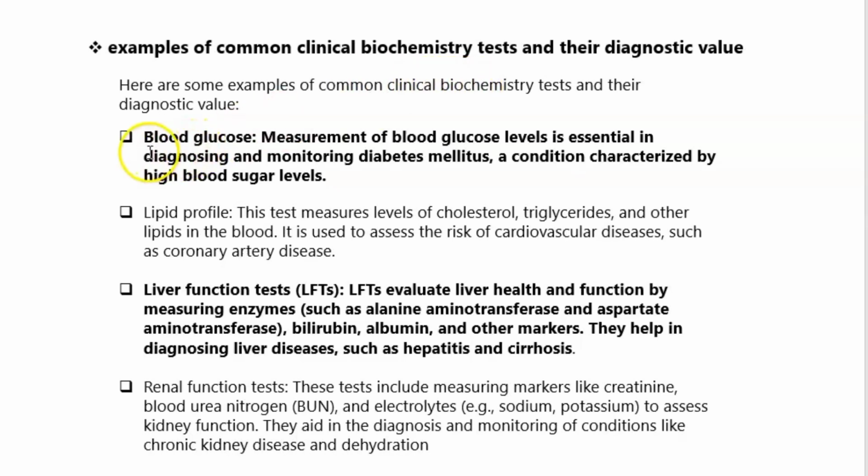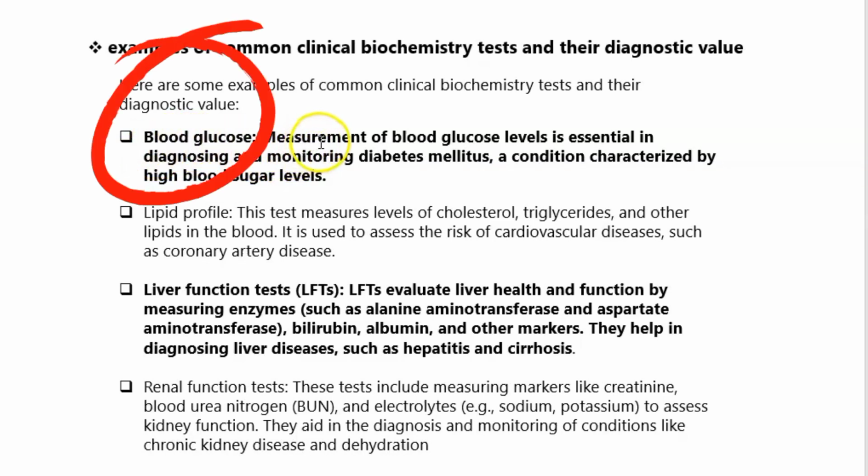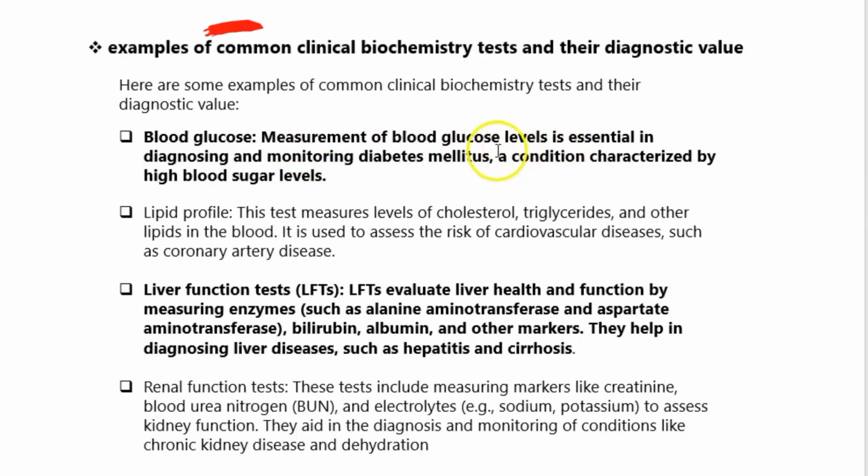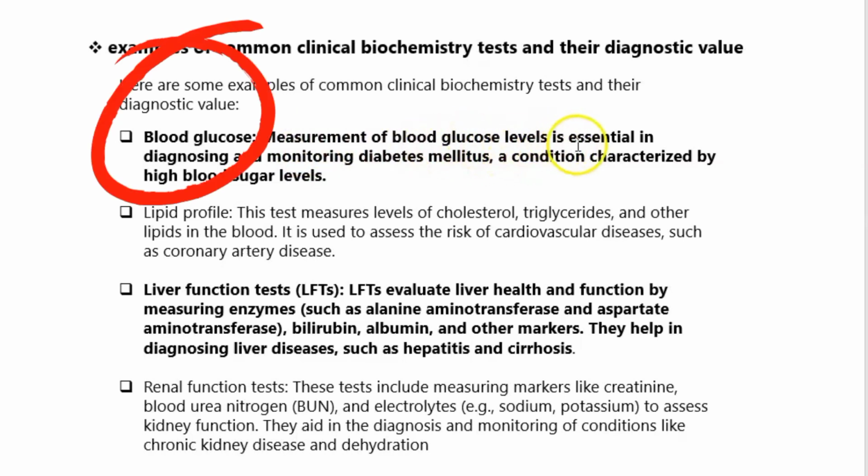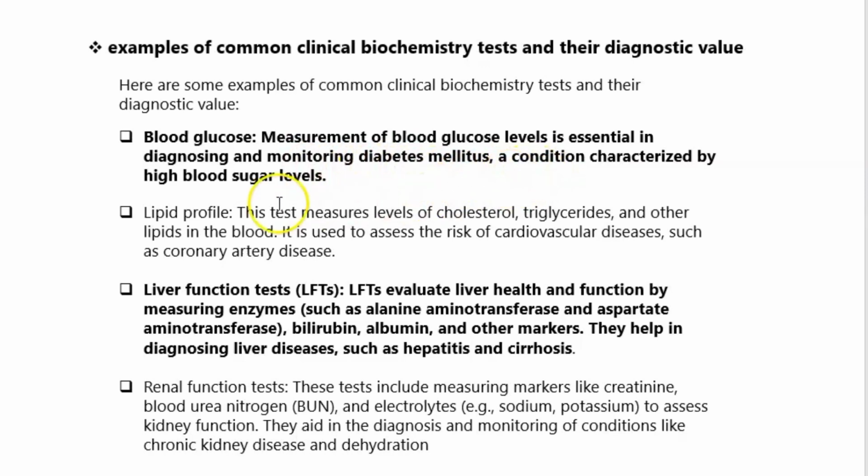And so number one of these biochemistry tests is blood glucose. Blood glucose is the measurement of blood glucose level. If we can know this blood glucose level, it will be very easy for diagnosis and monitoring of diabetes mellitus or other conditions related to high blood sugar level. So knowing this blood glucose level, it will act as a biomarker for accurate diagnosis and monitoring of what? Diseases related to high sugar level.